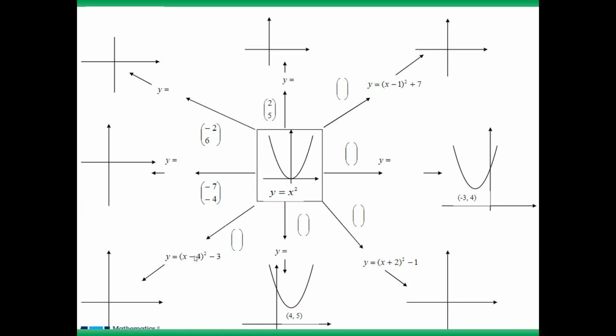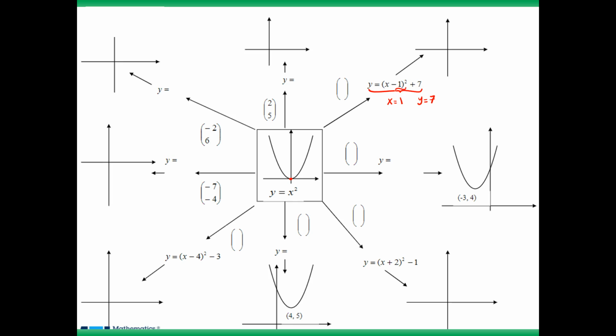Now here is something I've provided for you in the Word document. If you remember, we completed the square, and we said that this is the original x squared graph. After completing the square, where is the turning point going to be? Now I'm going to just do one example for you so you know what it means and you can complete the rest. This completion of the square tells us that the turning point is going to be at x equals 1 and the y value will be 7.